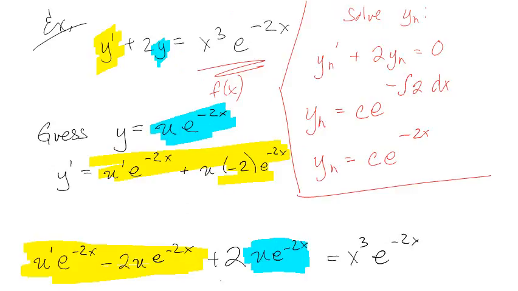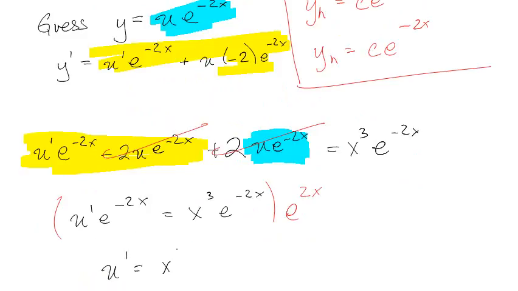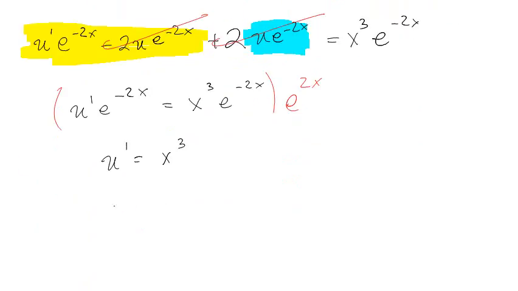These two terms cancel out, and I end up with u prime e to the minus 2x equal to x cubed e to the minus 2x. The e to the minus 2x cancels out, or I could multiply the whole thing by e to the plus 2x. So u prime is equal to x cubed.